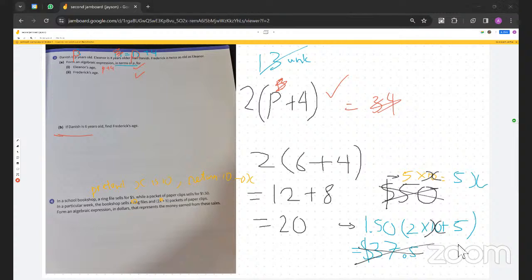Wait, what were you typing in the calculator? Sorry, I didn't really type anything. I was trying to think of how I should type it in the calculator, because you can't really put X in the calculator, because then it'll be 0 or the number you store it on.